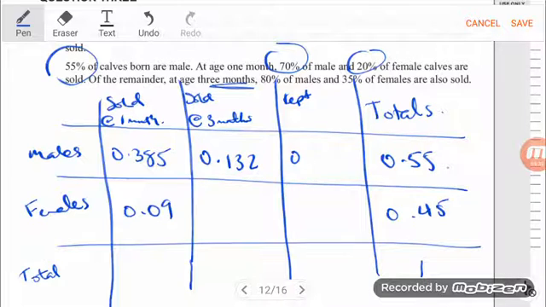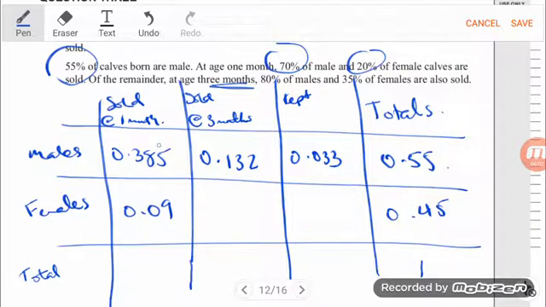And we know from the previous one that we should have 0.033 for the number kept. And the way to check that is to go 0.55 minus 0.132 minus 0.385.